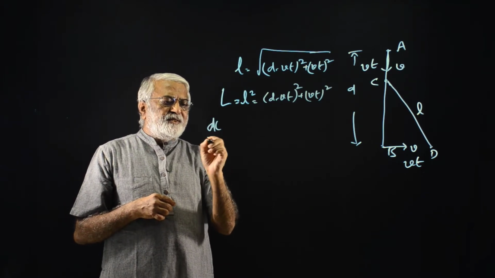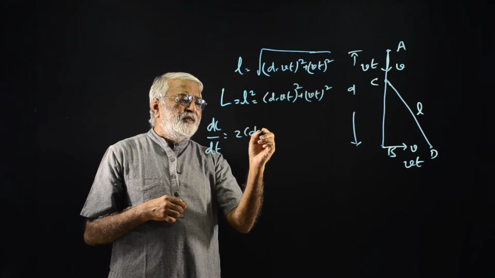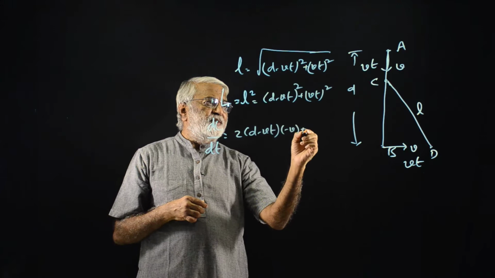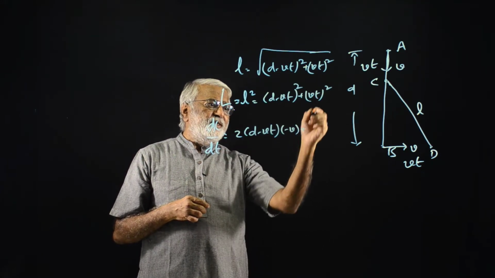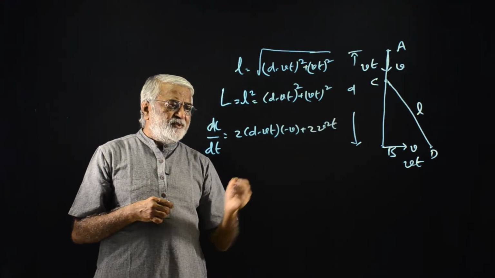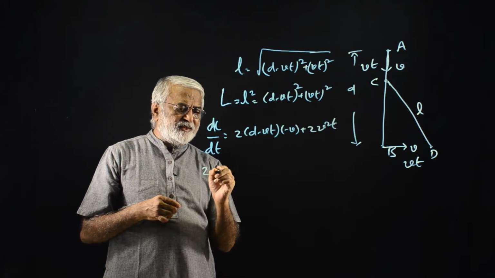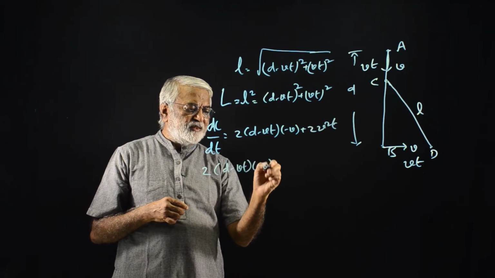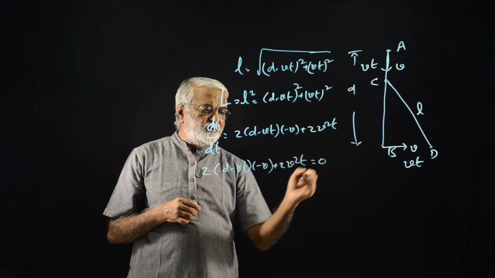So d(L squared) by dt would be 2 into (D minus Vt) into minus V, plus, since this is V squared t squared, 2V squared t. We'll set this to 0. So 2 into (D minus Vt) into minus V plus 2V squared t equals 0.